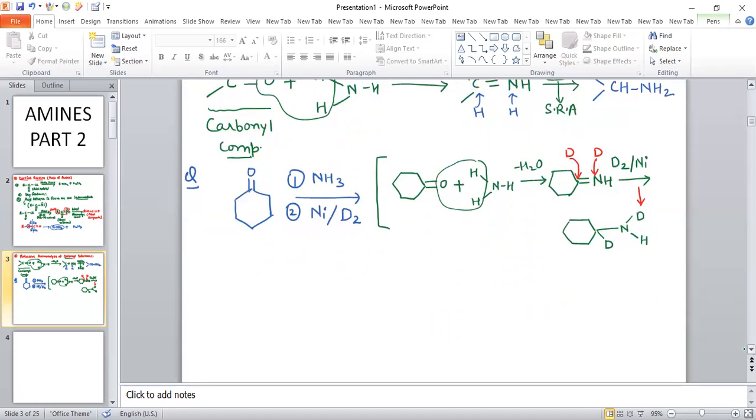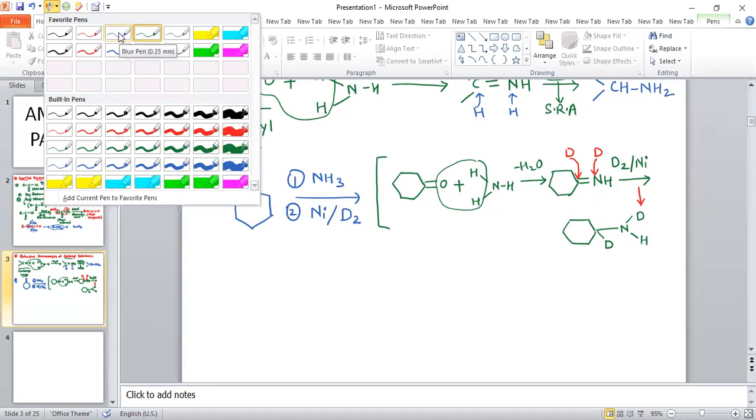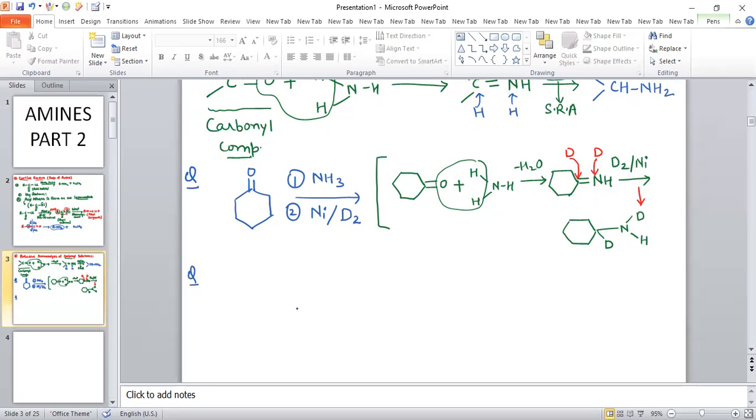Now see another question related to this. The question is, we have the same compound, cyclohexanone, and the reaction of this cyclohexanone in presence of ND3, and in the second step nickel plus hydrogen is added.